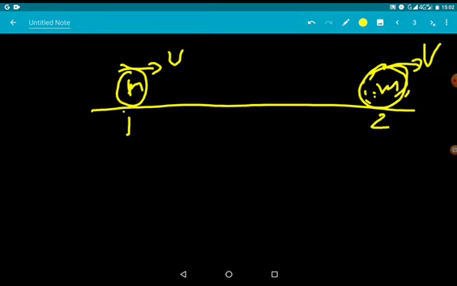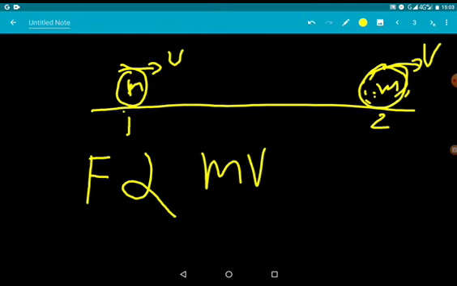In this linear motion, it's not going to change its mass, so it is m. Newton says that F, the force, is directly proportional to the rate of change of momentum. How do we write that? mv minus mu divided by t.